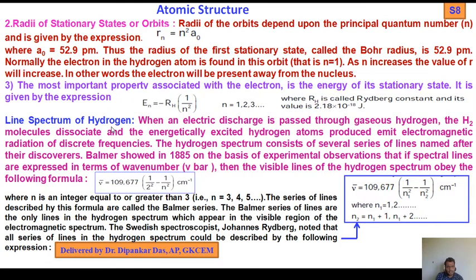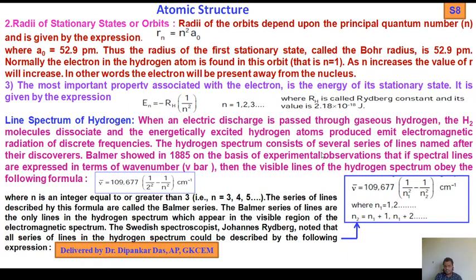Now, the line spectrum of hydrogen. When an electric discharge is passed through gaseous hydrogen, the H2 molecules dissociate and the energetically excited hydrogen atoms produced emit electromagnetic radiations of discrete frequency.